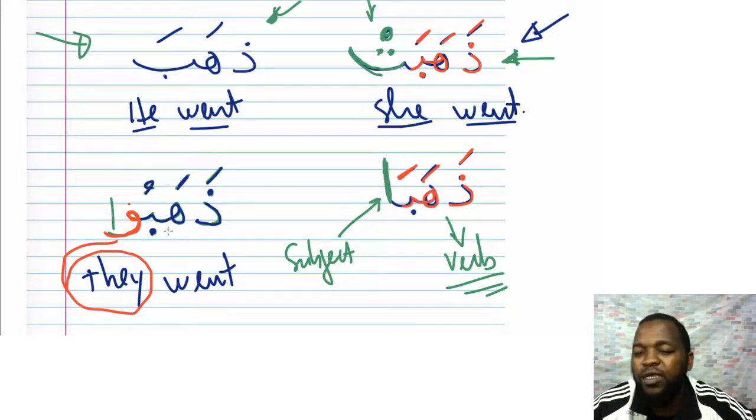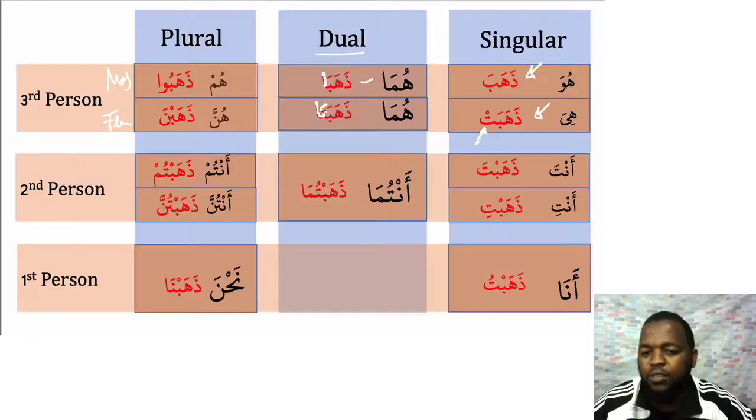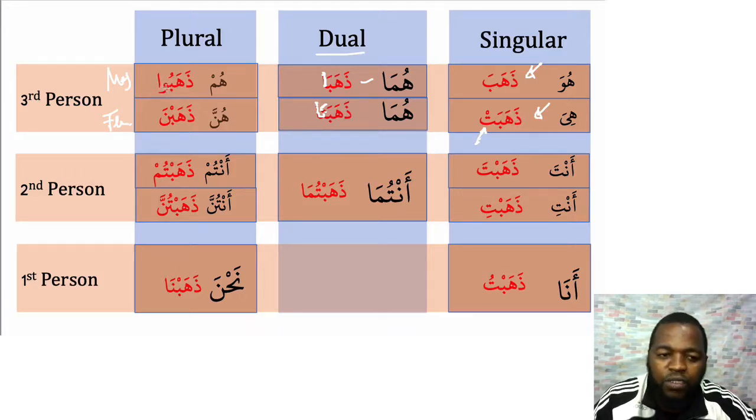This is how we identify the verb and the subject in verbal sentences. We have here dhahabat, and here we have dhahabu. This is the subject. Dhahabna. This na is the subject for the feminine. They, referring to feminine, went.